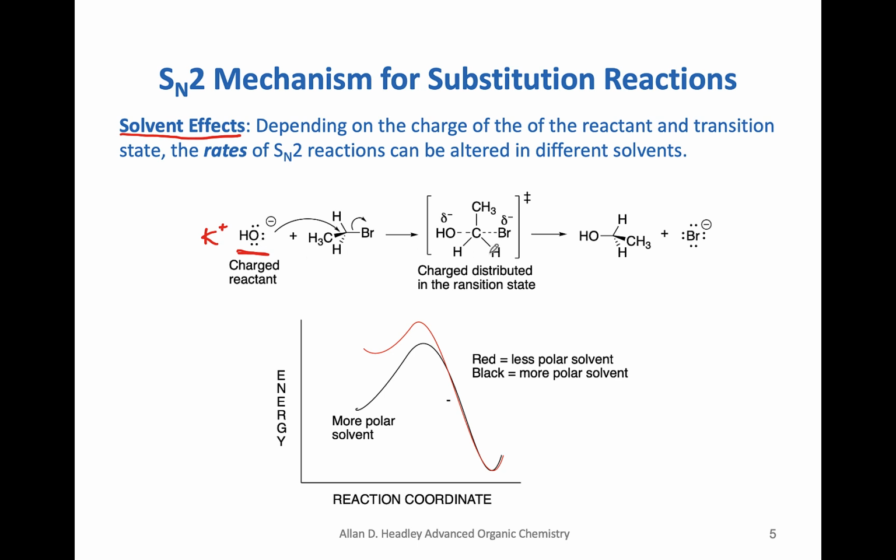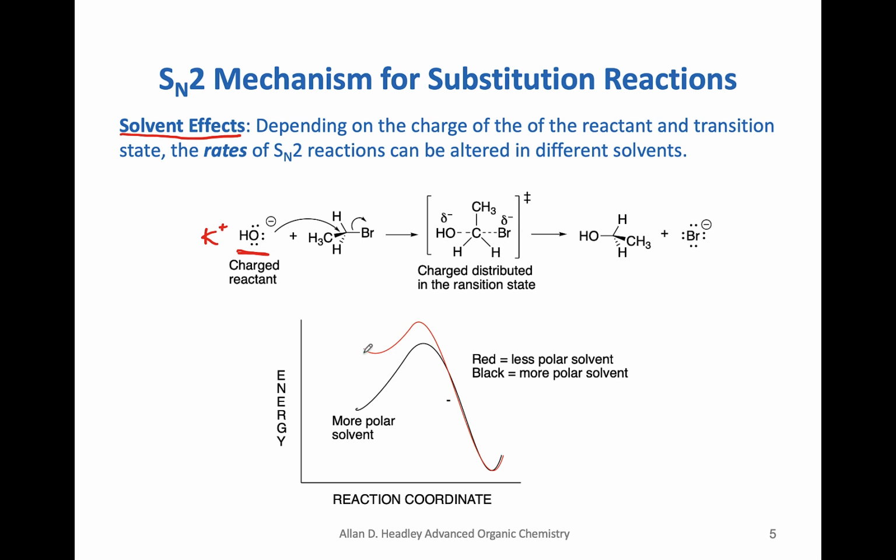This goes to the transition state, which now has a charge distribution. So this negative charge here is no longer on one atom, but it's distributed between the oxygen and the bromine, which is leaving. So this charge is now distributed throughout the transition state.